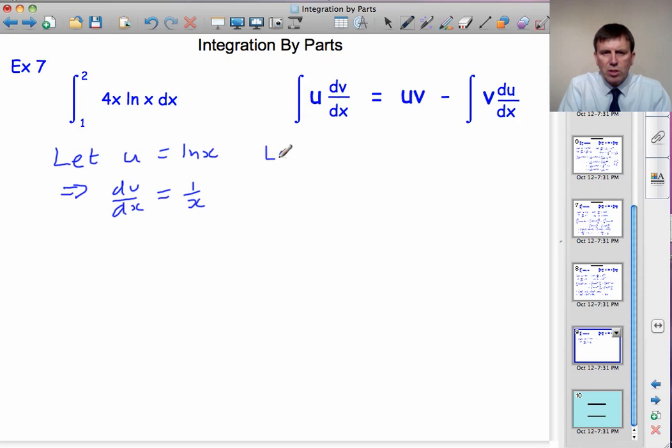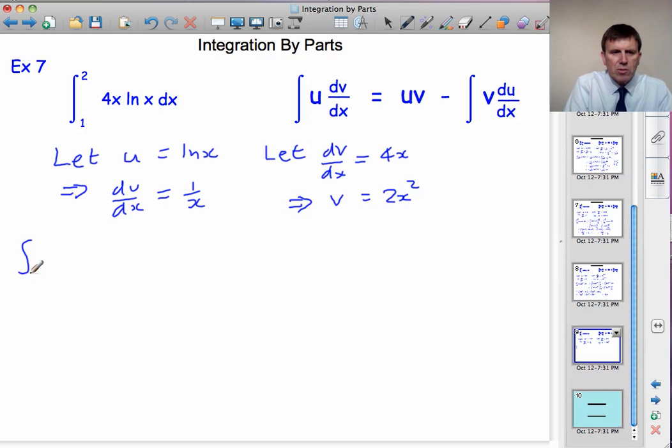So we let the other function, in this case 4x, be dv by dx. Let dv by dx equal 4x, and if we integrate 4x to get v, we'll get 4x squared over 2, which is 2x squared.